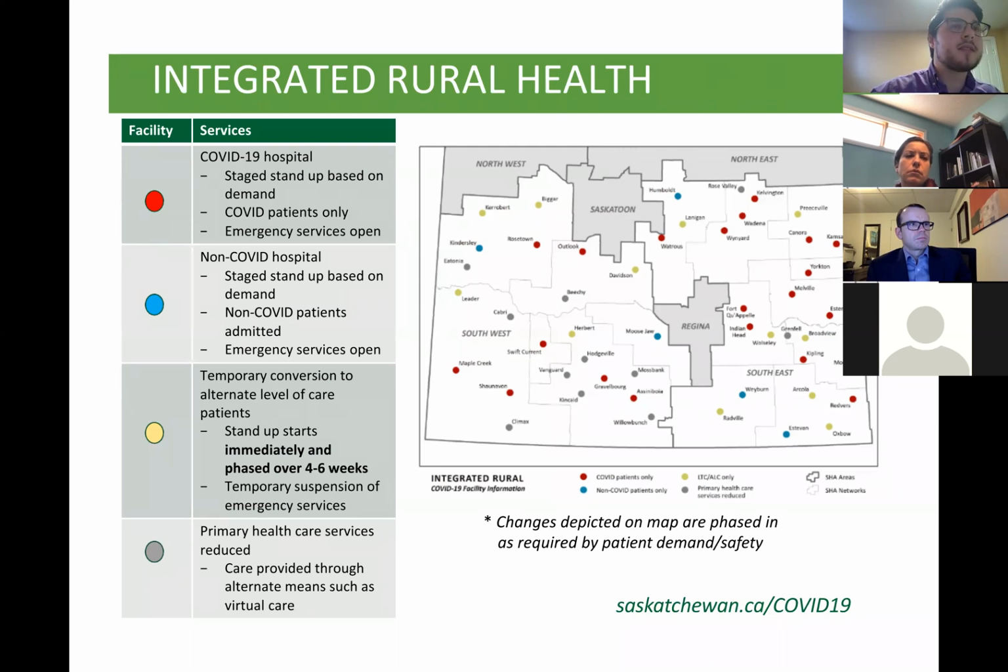Yes, it's Evan here. So in EMS, we've been doing a lot of work around preparation, ramping up, and what that's going to look like in terms of flow. Been working with our facility and SHA leader colleagues to determine what that looks like as well.